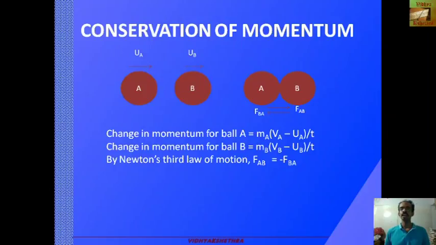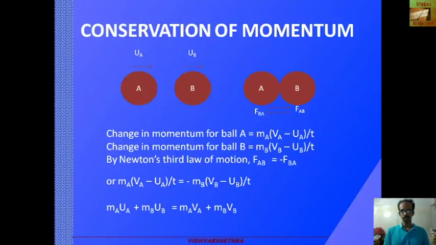Hence, we can say that FAB is equal to minus FBA, or ma into (va minus ua) divided by t is equal to mb into (vb minus ub) divided by t, which gives, on rearranging, ma ua plus mb ub is equal to ma va plus mb vb. In this case, the left hand side is the total momentum before collision, while the right hand side is the total momentum after collision.